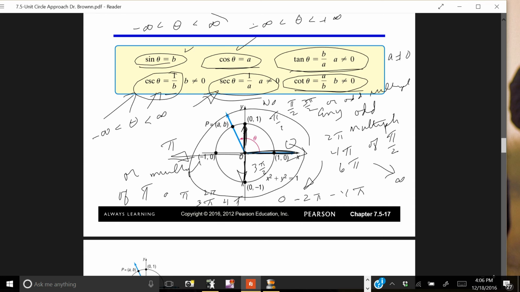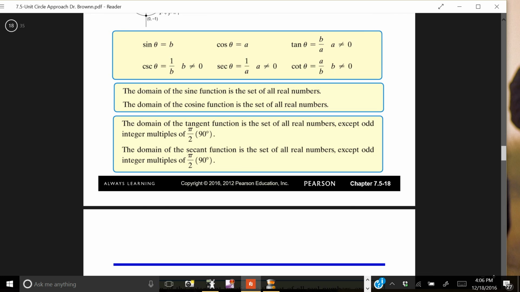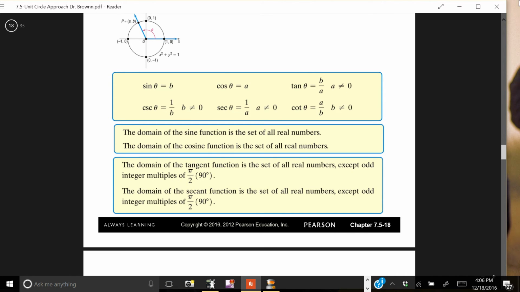So the next page summarizes this. The domain of the sine function is the set of all real numbers. The domain of the cosine function is the set of all real numbers. The domain of the tangent function is the set of all real numbers except odd multiples of pi over 2.